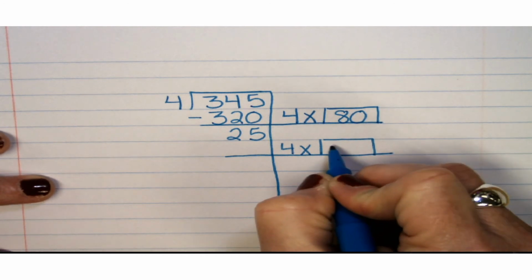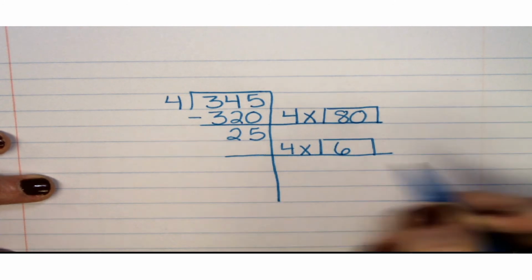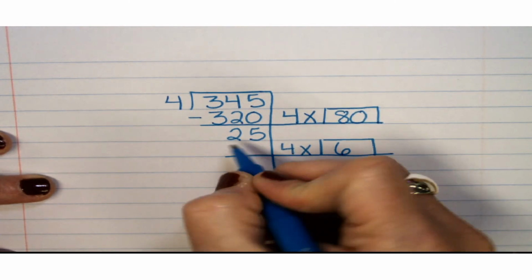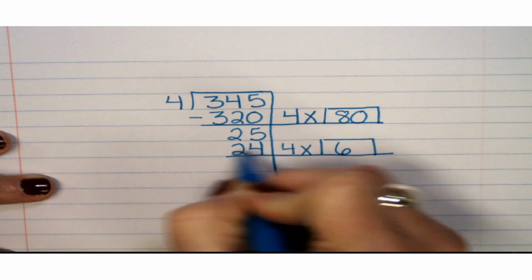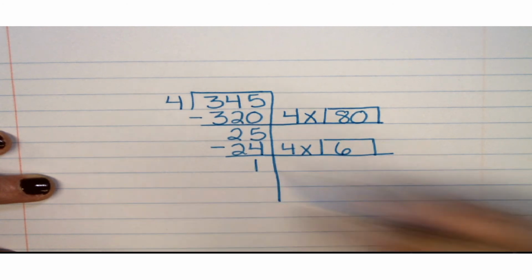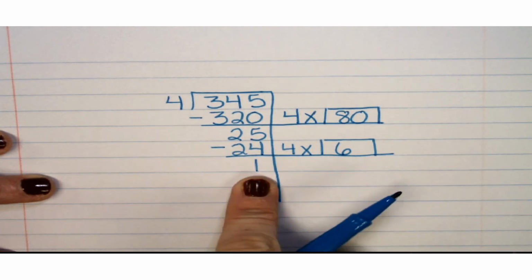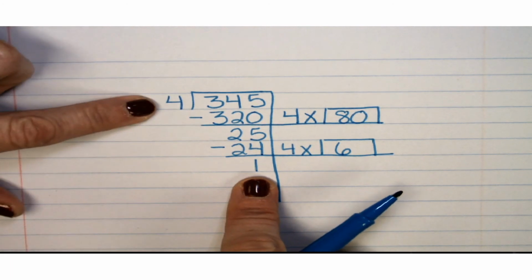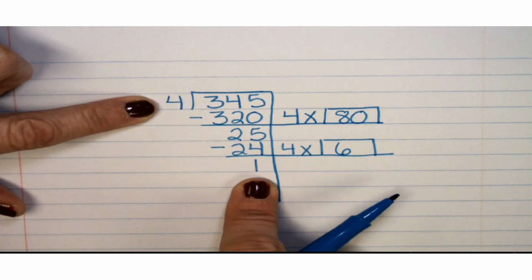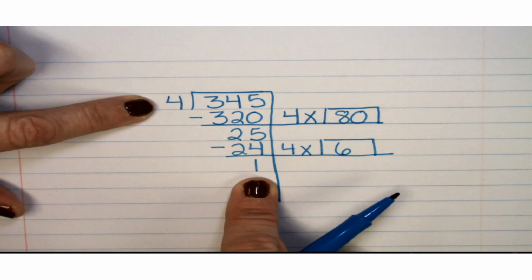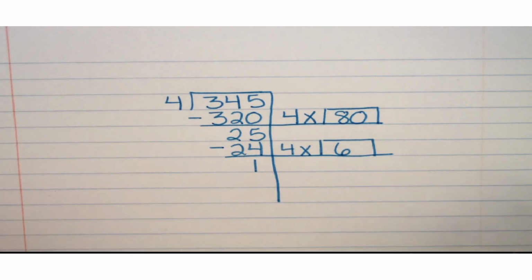We know that 4 times 6 gives us 24, and that's as close as we can get. So we're going to bring that over and subtract. We get a 1. And again, we ask ourselves, is this less than my divisor? And since it is, we know we've taken this part of the problem as far as we can.